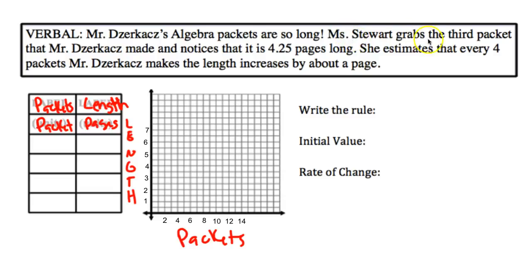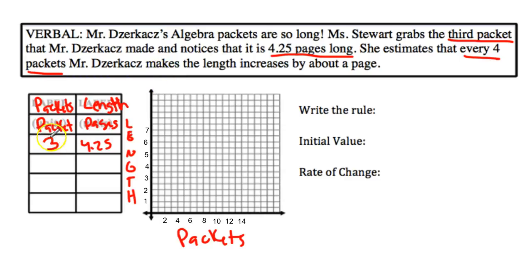So it says Miss Stewart grabs the third packet that Mr. Dargis made and notices that it is 4.25 pages long. So packets is the third one that I made, and it is 4.25 pages long. She estimates that every 4 packets that Mr. Dargis makes, the length increases by about a page.